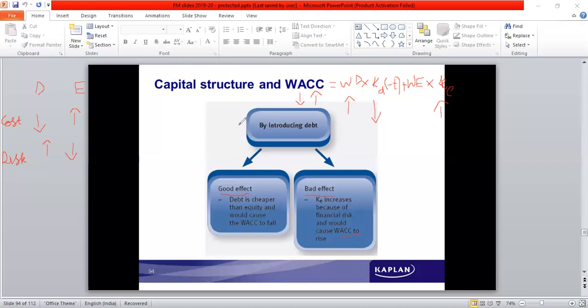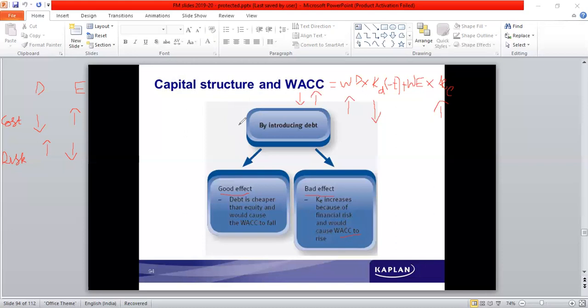What is the impact of introducing debt capital into the capital structure? Debt is a cheaper form of capital. There are certain other advantages, such as the tax advantage that can be availed, but debt has a risk element present because of the fixed obligation, irrespective of profitability, and a term period.